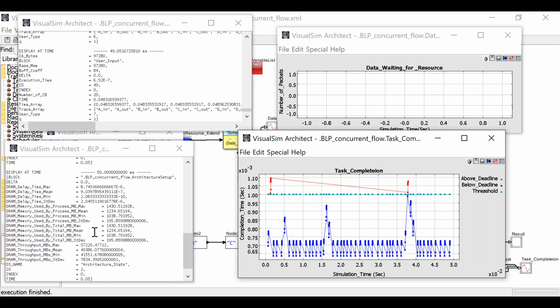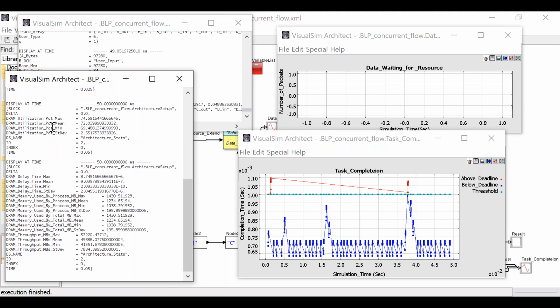Now, one of the key things here is, since we're running more dynamically and we're accessing the different resources, you can now see that we're generating the statistics associated with this particular design. So what we're seeing over here, for example, is the DRAM utilization. Notice they're at like 75% right over here. And then we're looking at the DRAM delay.